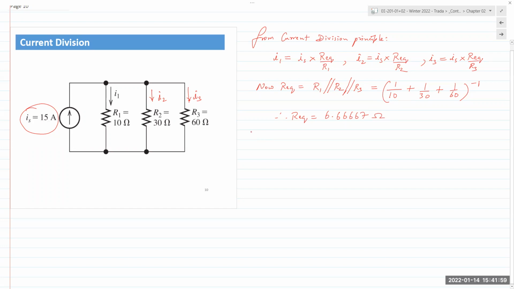So now I plug it back into the equations and I can get I1 is equal to 15 times 6.66667 divided by 10, and that gives me 10 amps.